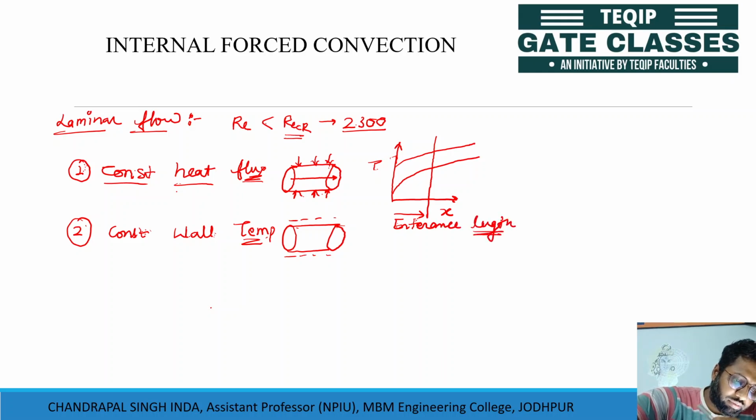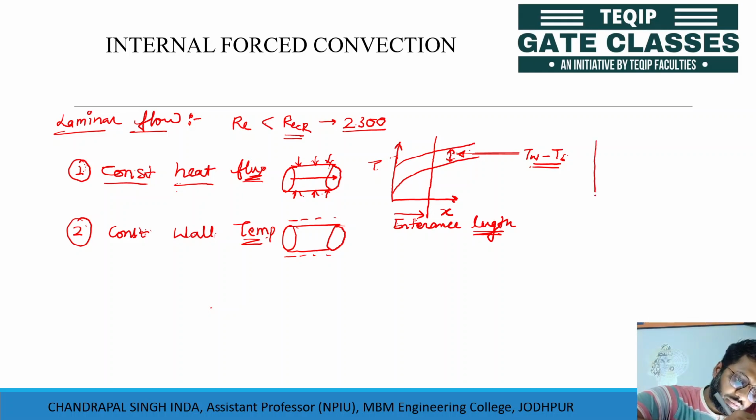After this length, this temperature difference becomes constant, and this is T wall minus TB. So we can see here the temperature difference is constant.